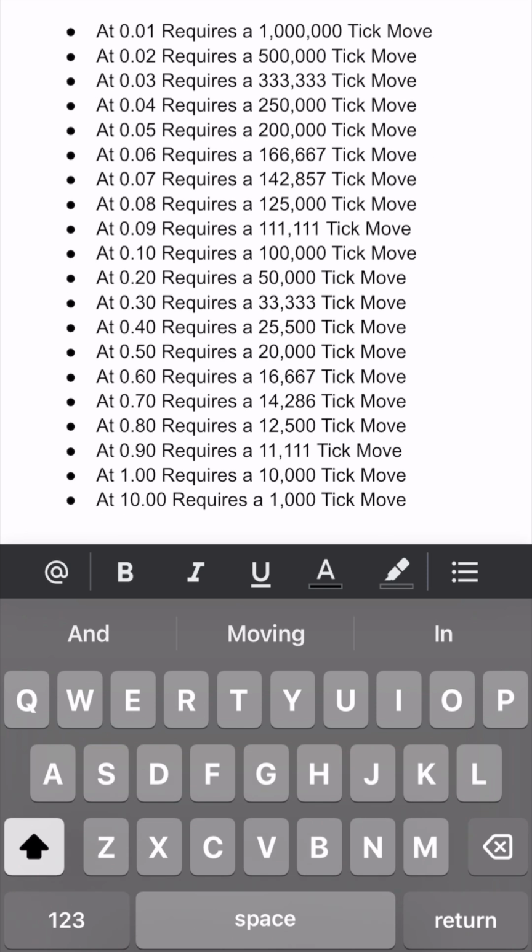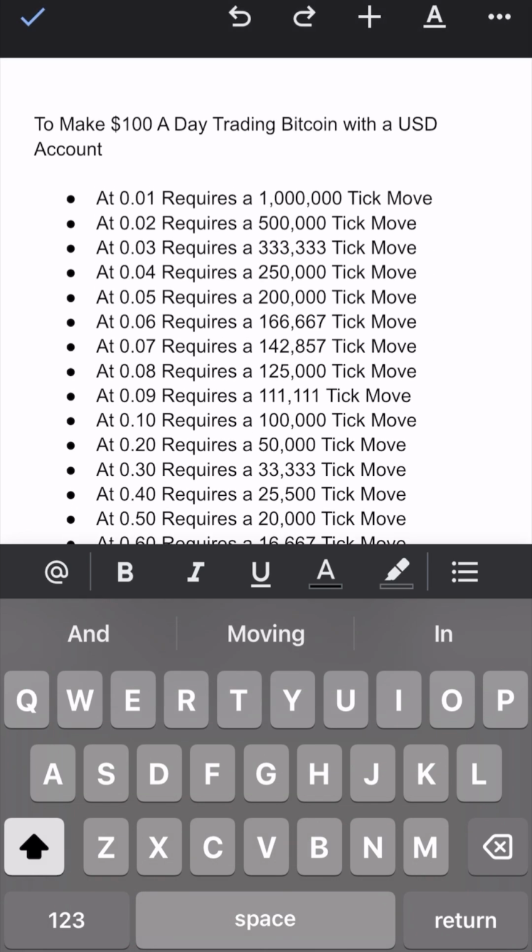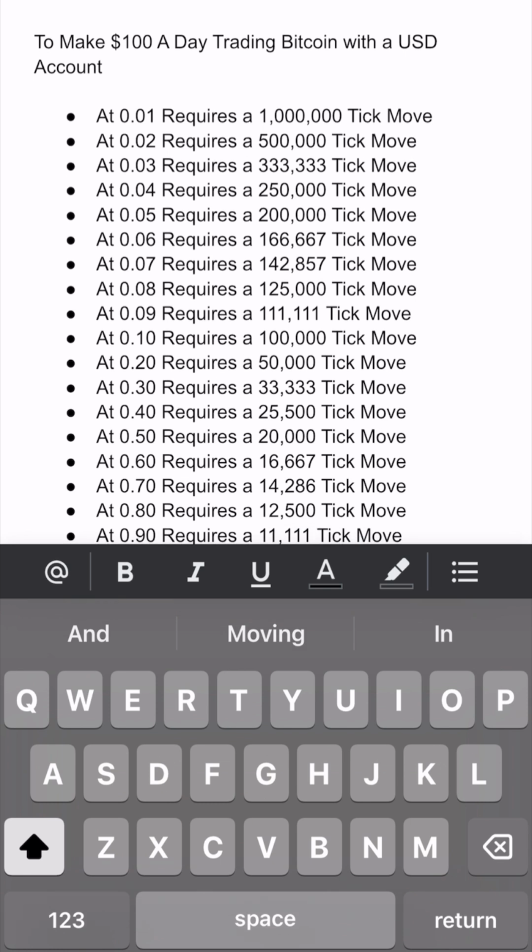Milestone numbers for me, at least, would be doing it at 0.10, because at 0.10, you'll probably be making some pretty good profit, and you only have 100,000 ticks to worry about. But then, the ultimate goal is to get to $1. But to get to $1, your balance has to be pretty big. But anyway, these are the numbers. These are the amount of ticks that you need to make $100 a day trading Bitcoin.